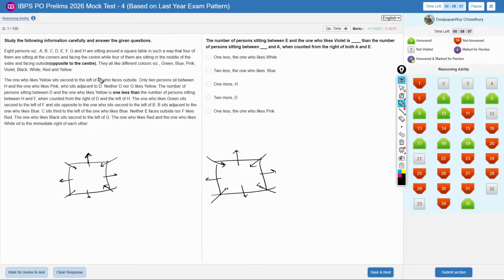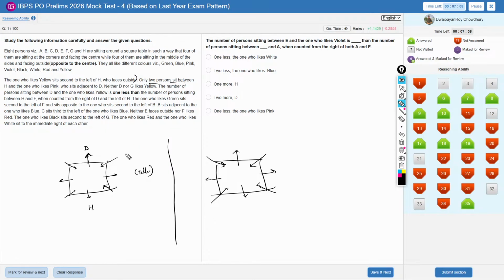The one who likes YOLO sits left of H who faces outside. So H, YOLO sits second to the left. So YOLO here. Only two sit between H and pink. 1, 2. Who sits adjacent to D. So D has to come here.